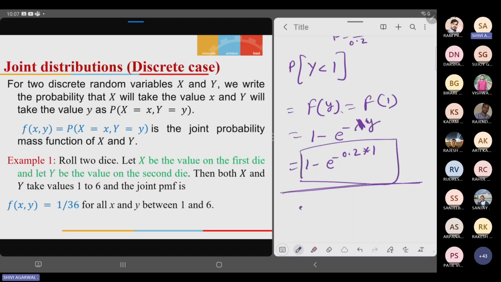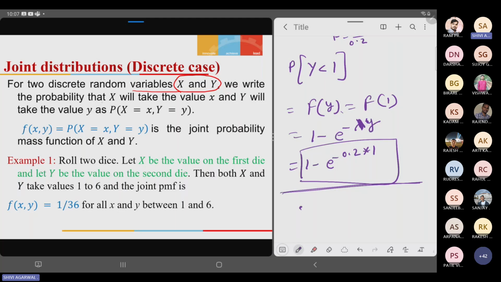So firstly, the discrete case. As we have done in chapter 4, the discrete single random variable, now we are going for more than one random variable. We are doing it for two, and we can also extend it to three.